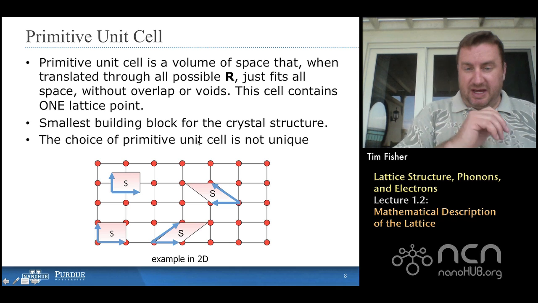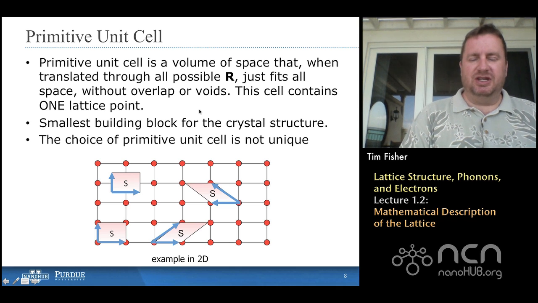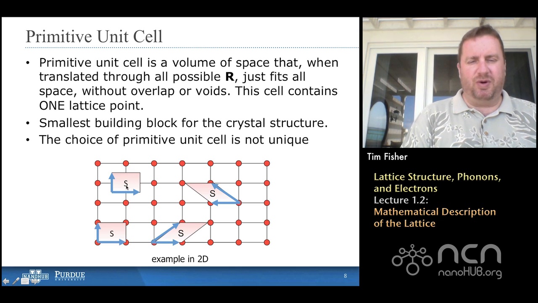In this case, what we've taken is each cell, this is a two-dimensional problem. We could have taken this bottom left region of space and then repeated this. We could have taken one in which the single point is in the middle of the space, and then we could repeat that throughout all of the R vectors and fill all of space exactly without any overlap.